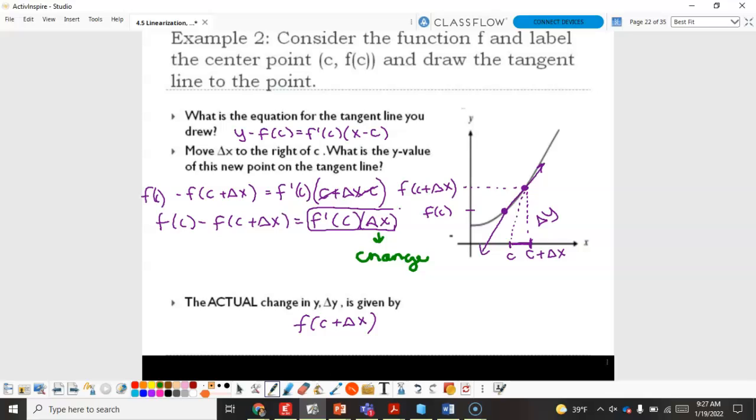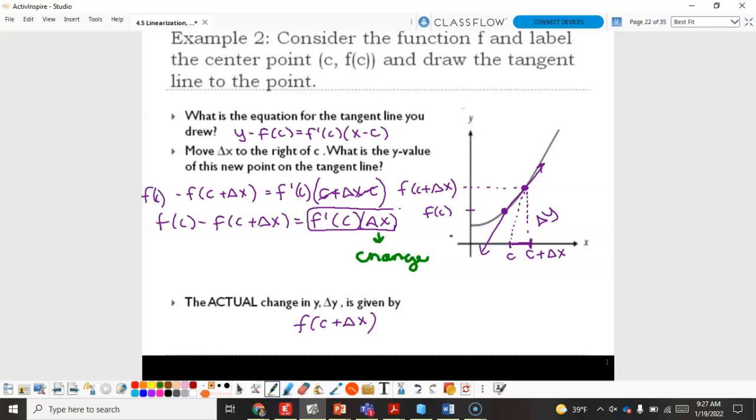When you have your work like this, and we do L of x equals f of a plus f prime of a times x minus a, the answer you get here is your delta y.